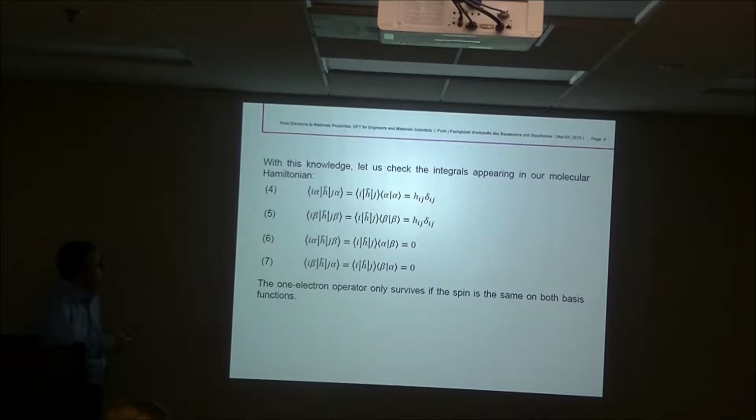Actually, what it means is that H_ij is the one electron energy eigenvalue times the integral I J, which means we only obtain a one electron result when both spatial orbital and spin orbital are identical. So we cannot mix different spins with the one electron operator, and we cannot mix different spatial orbitals. Both don't work, as you can expect from hydrogen, right?